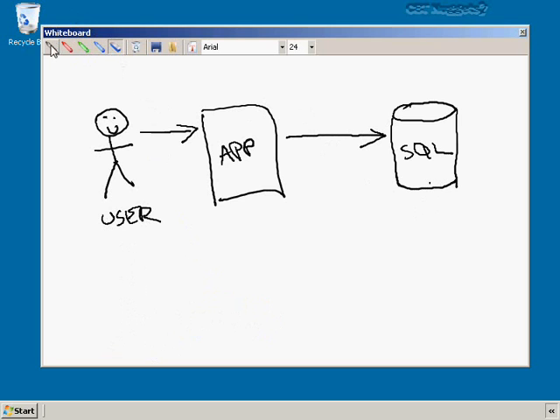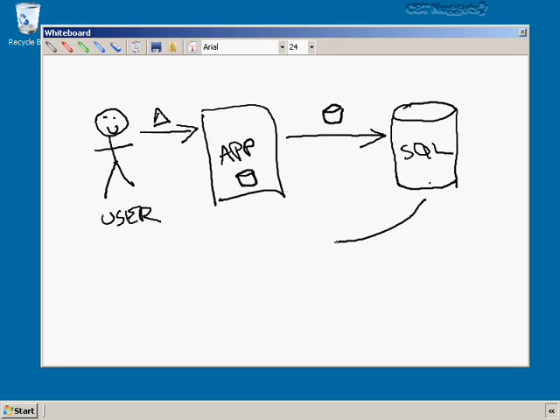So a lot of developers are still working with the old way. And the old way says something like this. Instead of using the user's domain account, the application is going to have a SQL Server login account hard-coded into it. That means the SQL Server login name and SQL Server password are built right into the application, and that's what the application uses to connect to SQL Server.